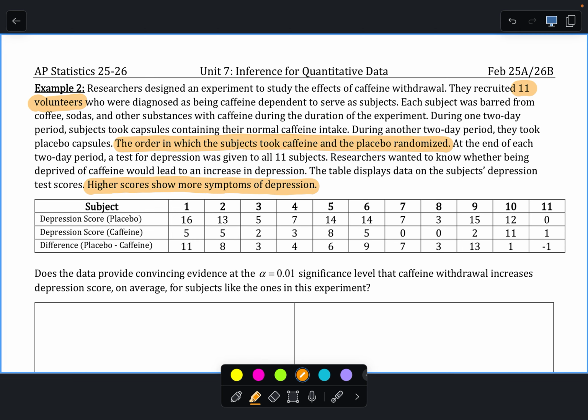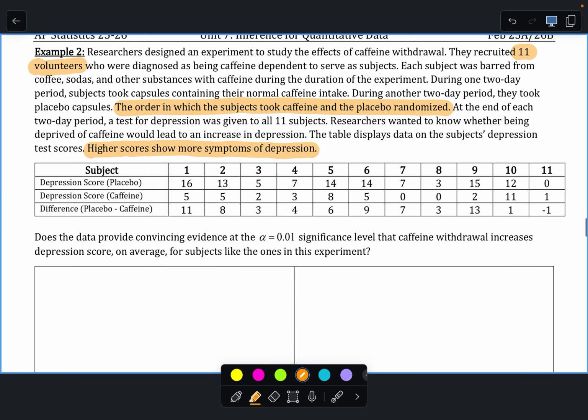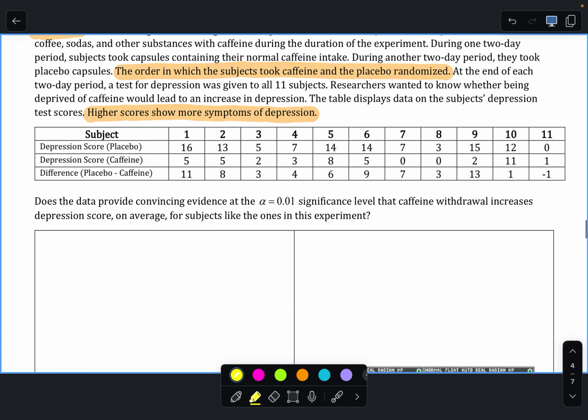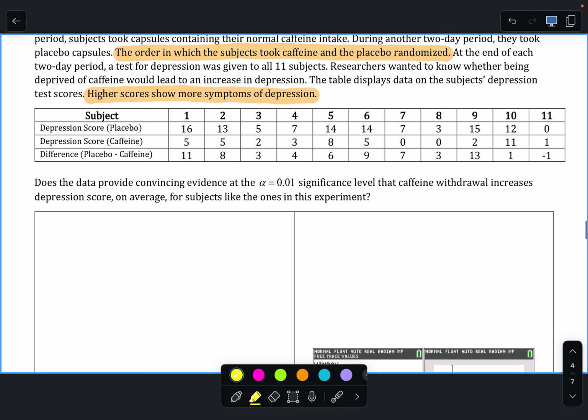So they gave us a table that has both their initial or placebo score and their caffeine score, and they gave us a row that shows a calculated difference. Remember, when you have identified it as matched pairs, you only care about the row with the calculated difference.